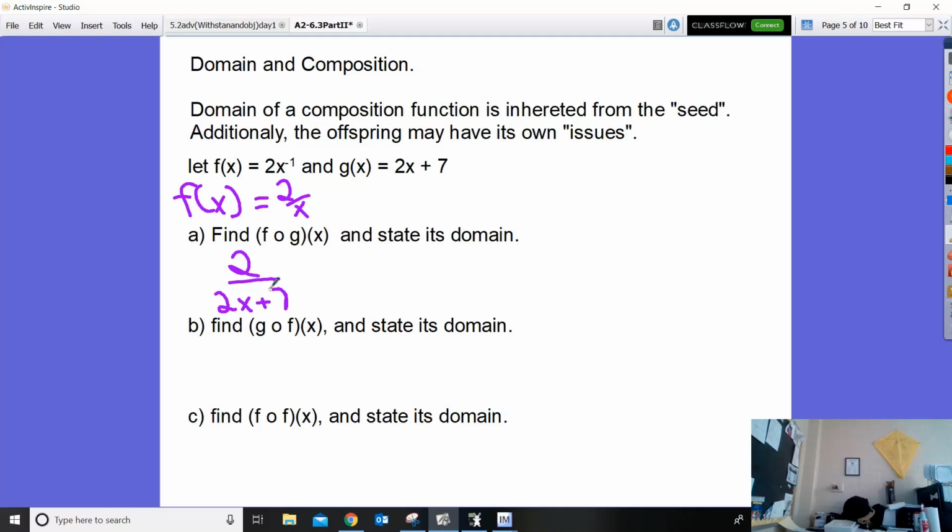Do you see a radical? No, so don't worry about that rule. Worry about dividing by what? Dividing by 0. 2x plus 7 cannot possibly become 0. So what can x not possibly be? x is not negative 7/2.